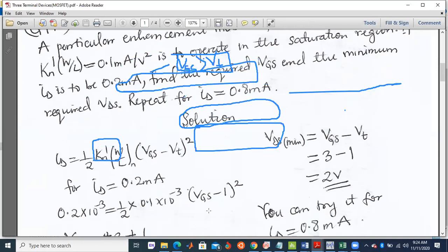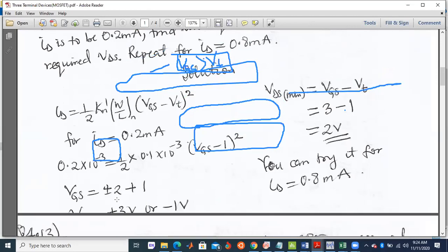So you can find VGS straightforward. Now you can see from here, my VGS minus VT squared. If you divide this one by this one, you have 4. Square root of 4 is plus or minus 2. Then this minus will come here and become plus 1. You take the positive, you have 3. You take the negative, you have minus 1.